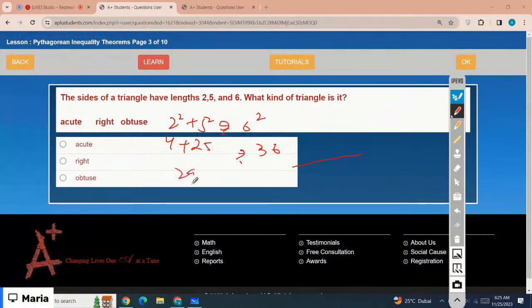So 29 is less than 36. That is the obtuse triangle, right?